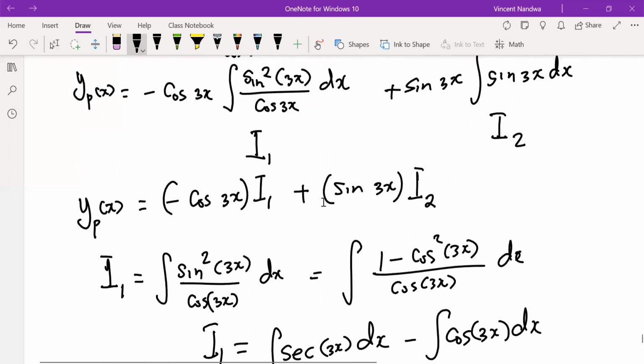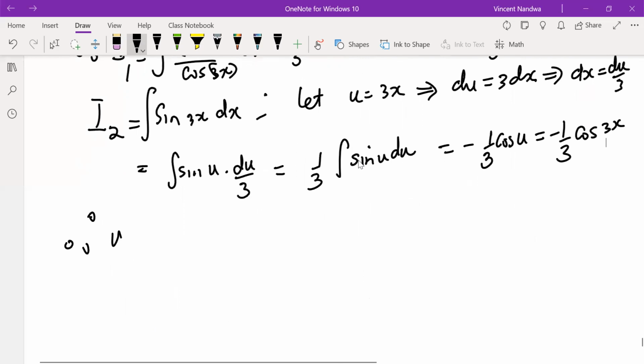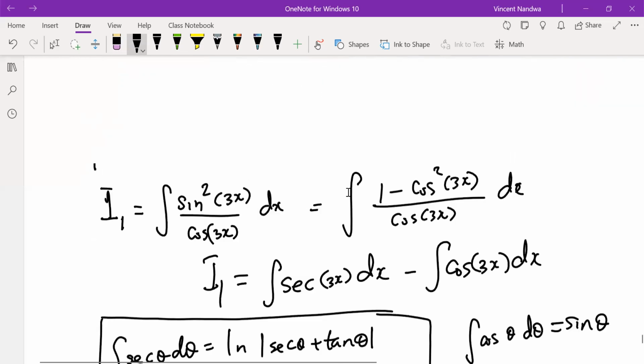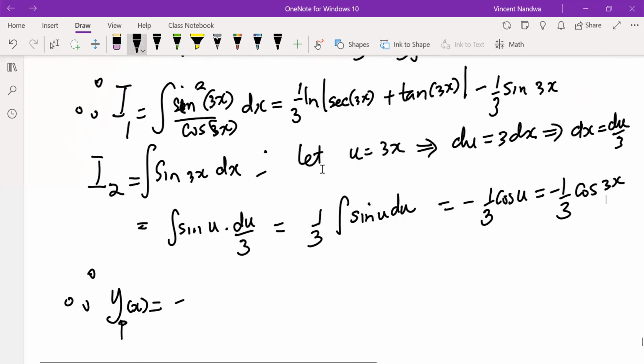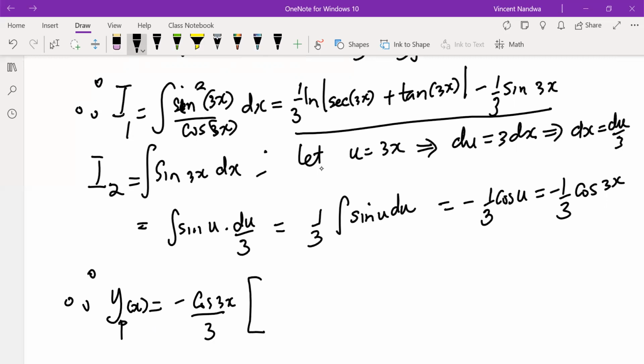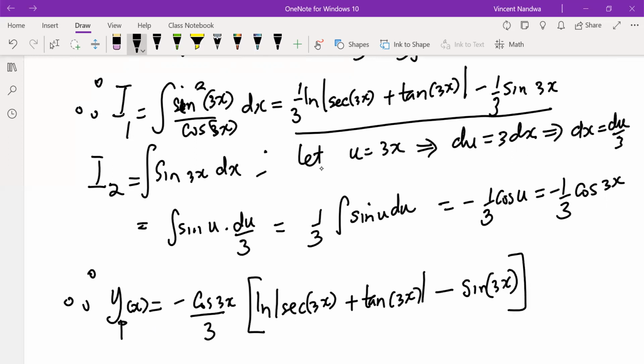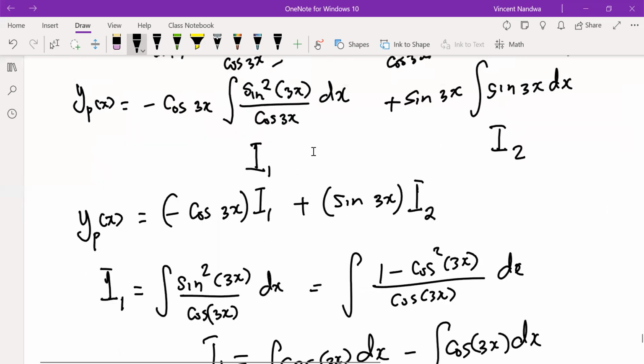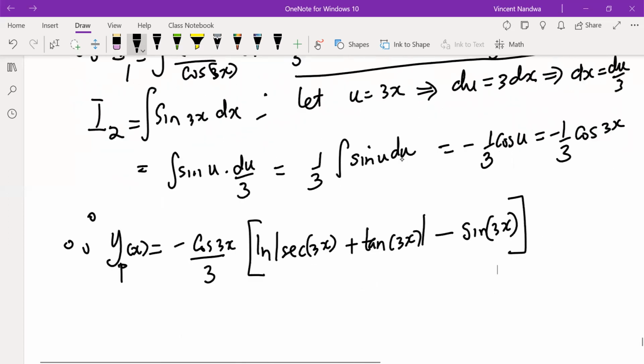So at the final solution, therefore yp of x is equals to negative cos 3x times the value of I1, which is, actually I can factor out a third, so I put over 3 into ln of sec 3x plus tan 3x, then minus sine 3x, and then plus sine 3x times I2, which is negative a third cos 3x.